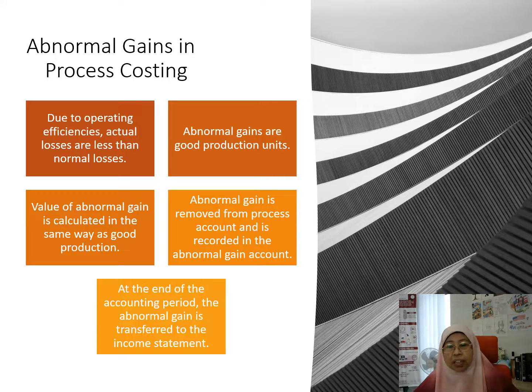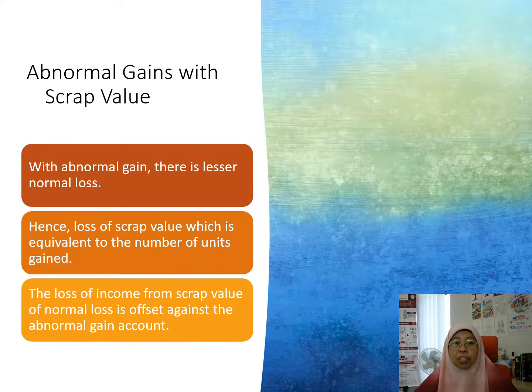However, this abnormal gain is removed from the process account and recorded in a separate account known as the abnormal gain account. At the end of the accounting period, similar to abnormal losses, this abnormal gain is treated as revenue and transferred to the income statement.